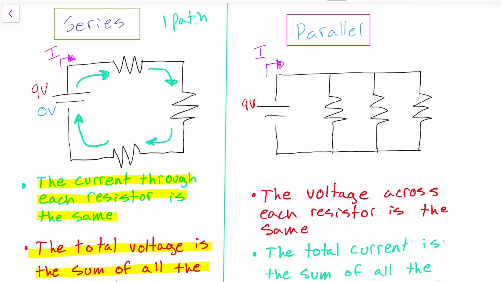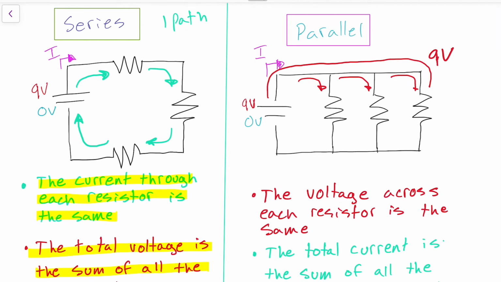And for the parallel circuit, we still have a 9-volt battery. This terminal is 0 volts, so our potential difference or voltage is 9 volts. But since we haven't gotten to a resistor yet, you can think of all of these wires in red at those spots as having a potential of 9 volts.